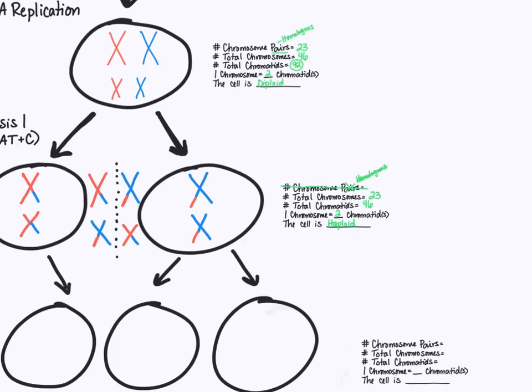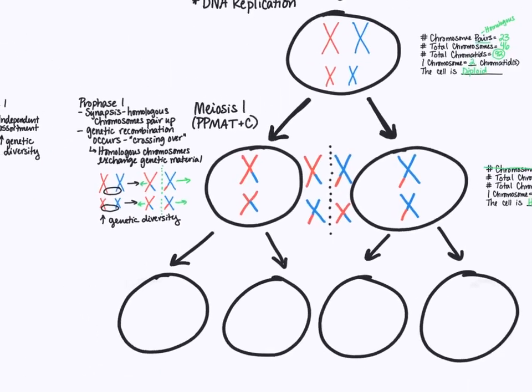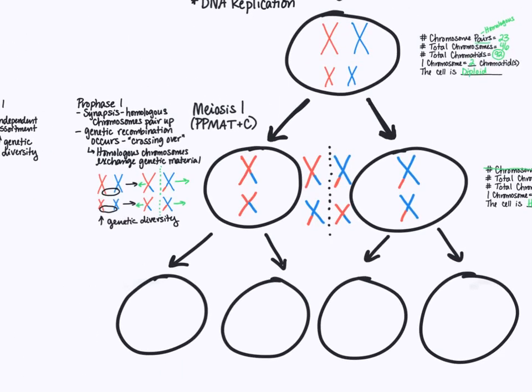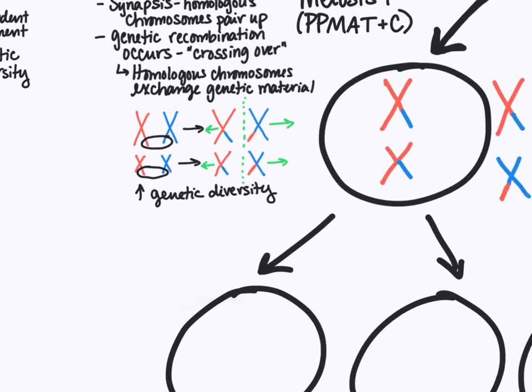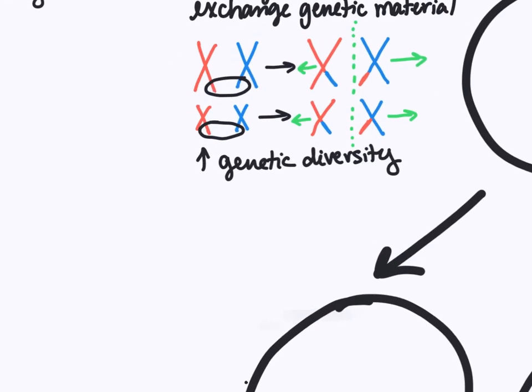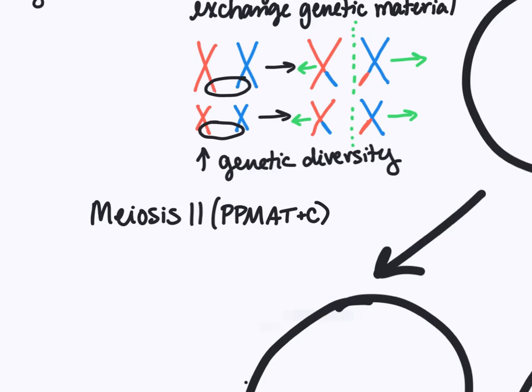So now let's take a look at what's happening in this second set of arrows here. These second set of arrows represent meiosis 2. And meiosis 2 goes through those same subphases of PMAT-C. Now, the key thing that happens during meiosis 2 is that these sister chromatids are going to be separated.